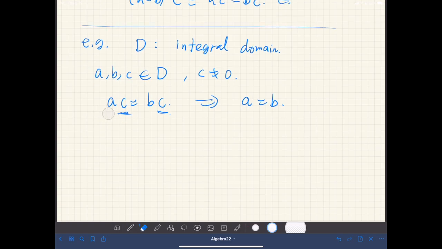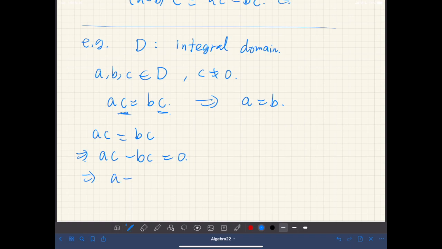So from AC equal to BC, if we add negative BC to both sides, we have AC minus BC equals 0. And using the distributive law, we can write A minus B times C equals 0.